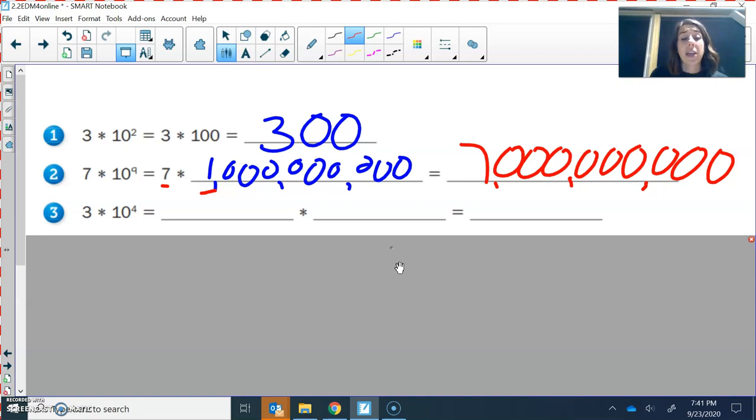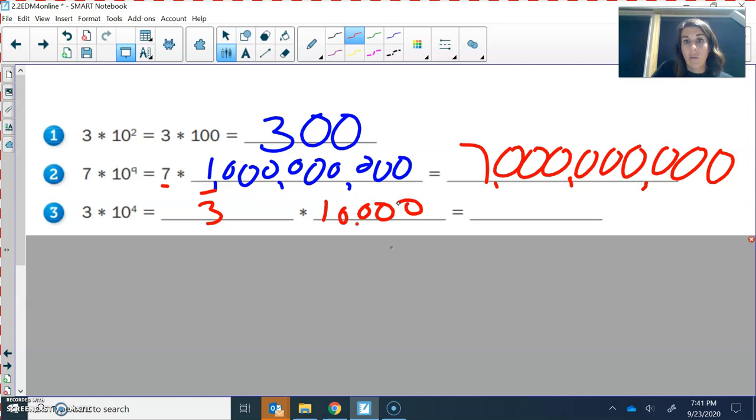So I have 3 times 10 to the 4th power. If we write this out in more standard form, we would have 3 times what? What is 10 to the 4th written in standard form? Let's think about that. It's a 1 with 4 zeros after it.